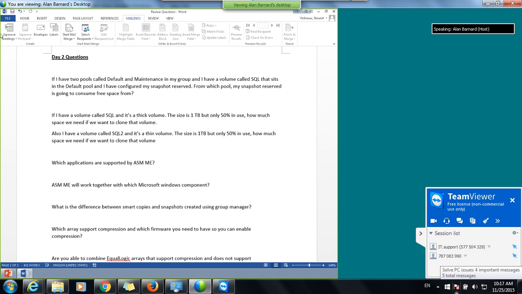Yeah, that's correct. So the snapshot always follows the location where the volume actually is sitting. So you cannot have a snapshot reserve sitting on different pools.